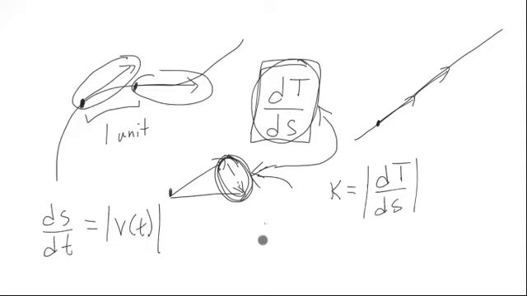As follows: we have dT/ds. We could multiply that by ds/dt. Notice that gives us a dT/dt right here.